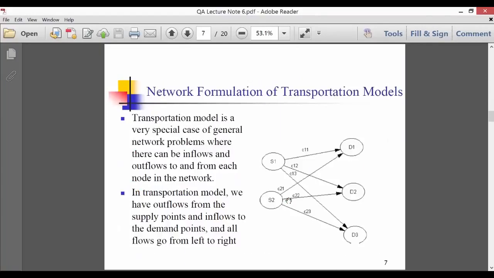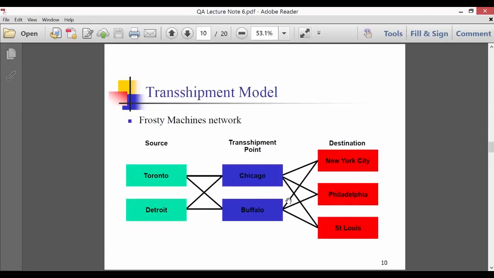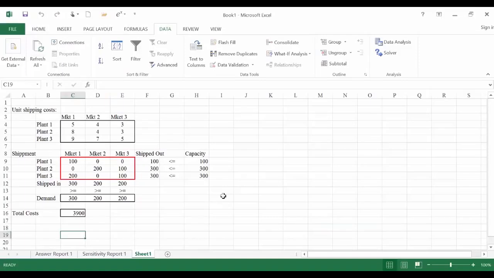Instead, more realistically, we first ship our products from the plants to the warehouses, then from the different distribution centers we ship our products to the final market, to the destination, to satisfy demands in different markets. And in Excel it's also very straightforward to set that up.